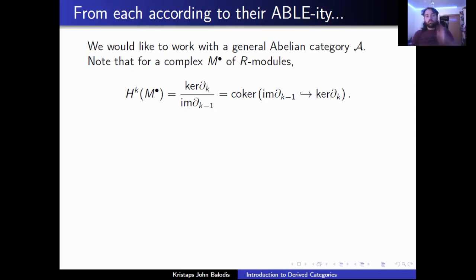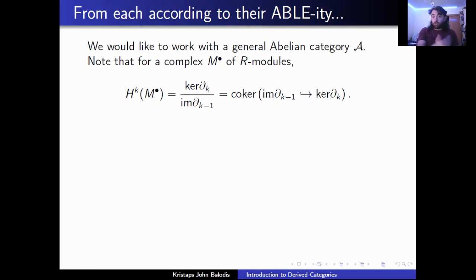So to get the inspiration for what that definition should be, we're going to do something that seems maybe unnecessarily complicated at first. But let's notice that going back to our definition of the cohomology of some chain complex of R modules, the kth cohomology module is the kth kernel modulo the (k-1)st image.